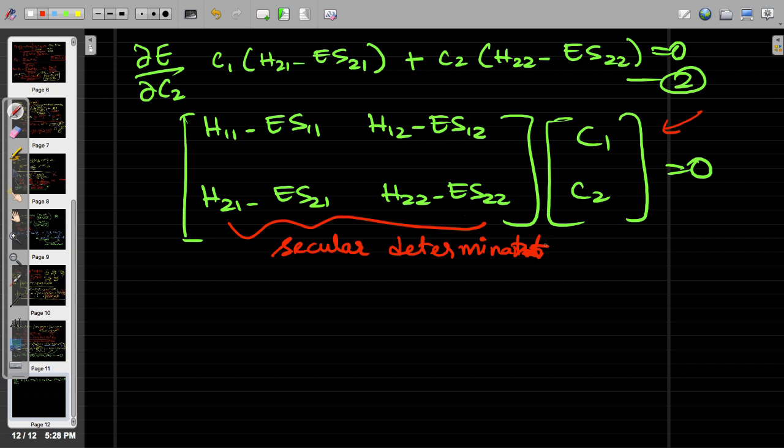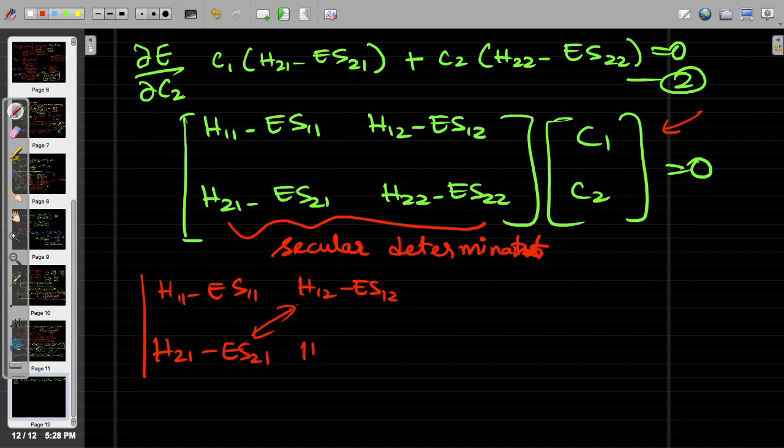And what we see here is that the secular determinant, which is H11 minus ES11, H12 minus ES12, we did say that since these are Hermitian, these are going to be complex conjugates of each other, and since you're taking them real, these two are going to be one and the same in this example, meaning that we took psi and c to be real, so therefore they are going to be the same. So you want to solve this.